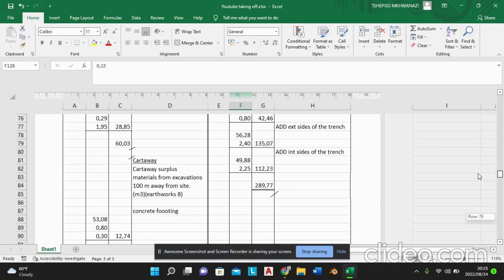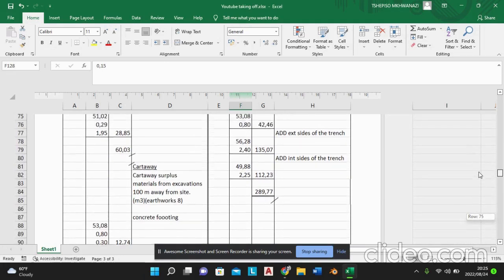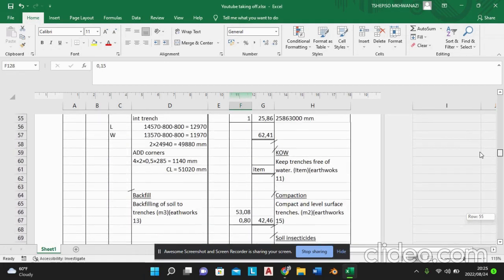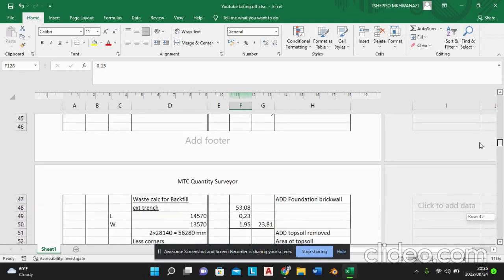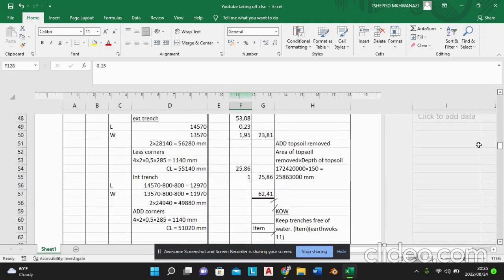We did the concrete footing, and then also we had to add the foundation brick wall and add the topsoil removed. And then here, remember this thing is a volume. I'll just have to copy. Let me write these dimensions here. I have to show this is a volume. Just write 2.5. Is this 0.8586?